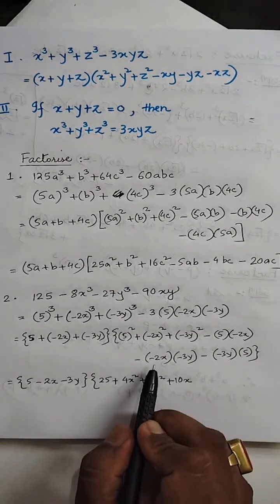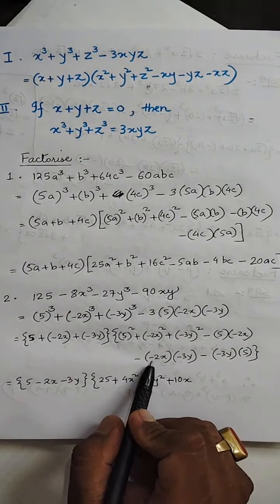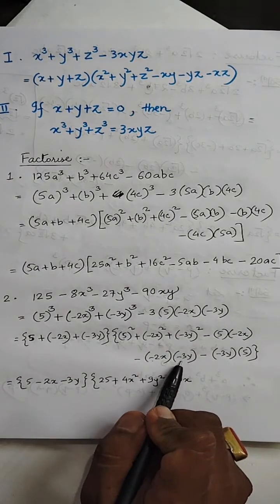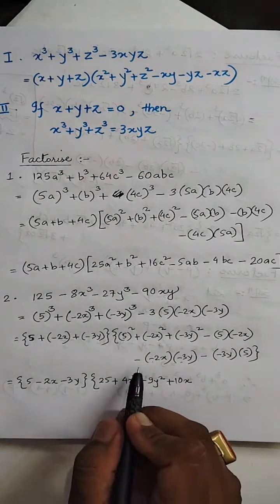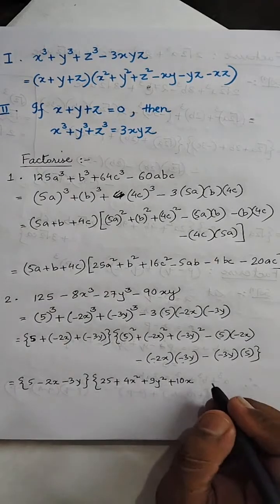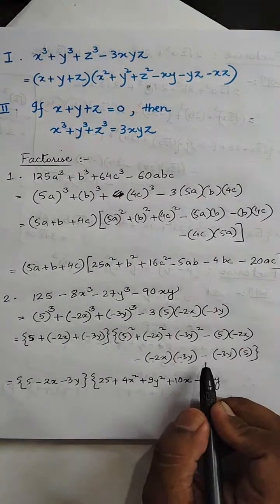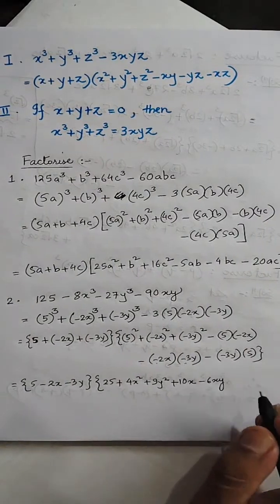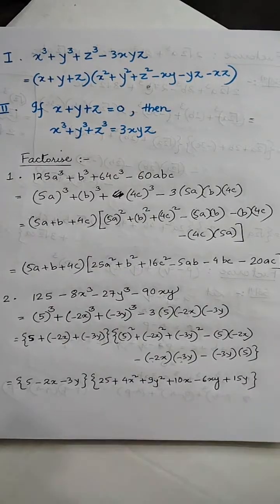Okay, then we have minus 2x multiplied to minus 3y. So negative of 2x multiplied to negative of 3y is positive 6xy. But we have to multiply the positive 6xy to the negative. So this will again become minus 6xy. And similarly, negative multiplied to the negative will become positive 15y.